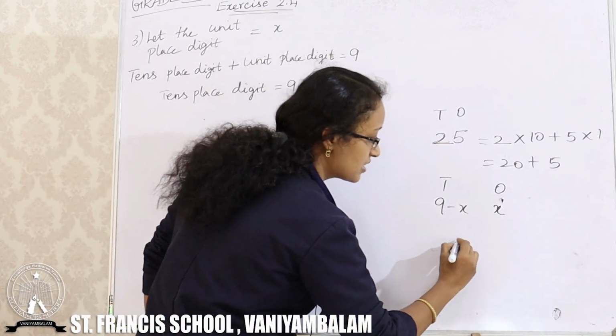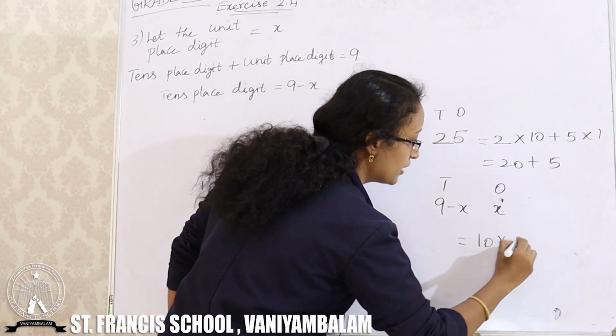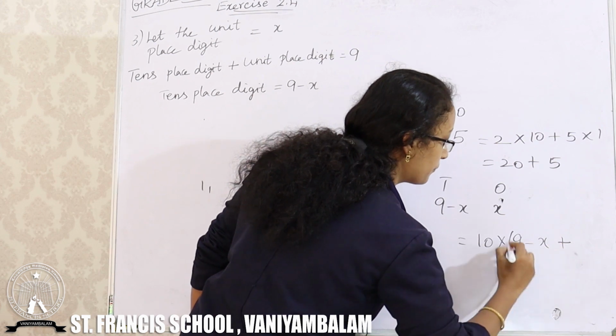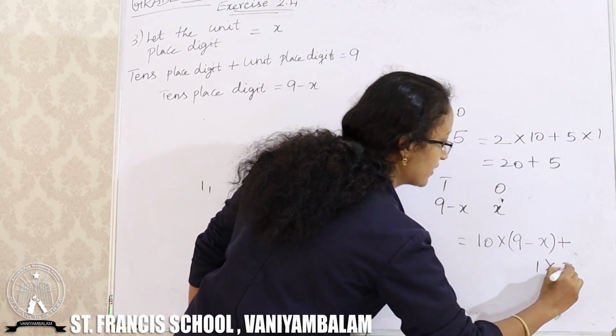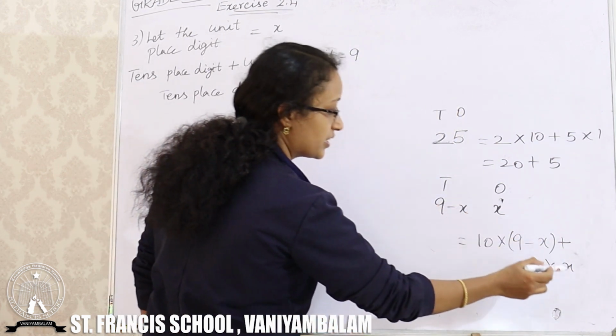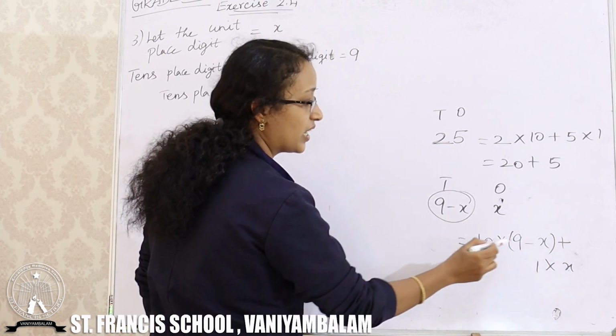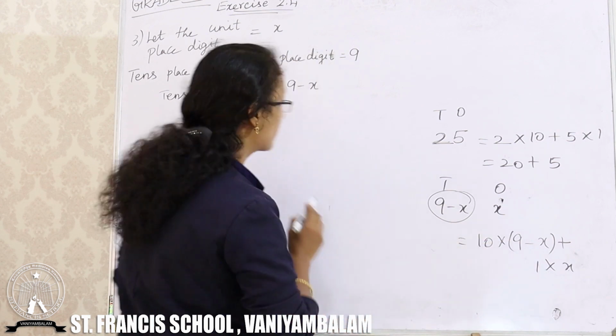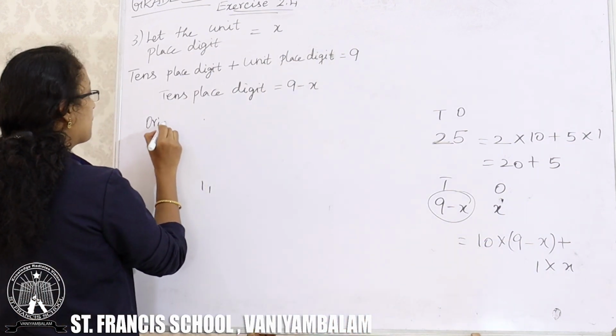So you can write this as 10 into 9 minus x plus 1 into x, right?